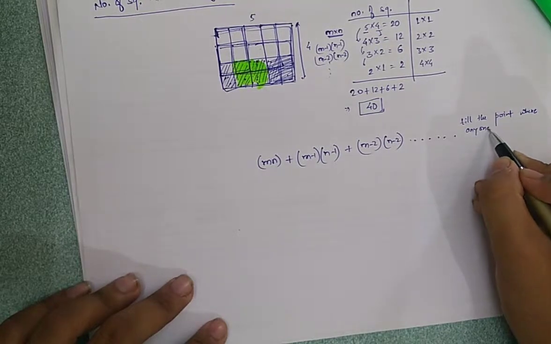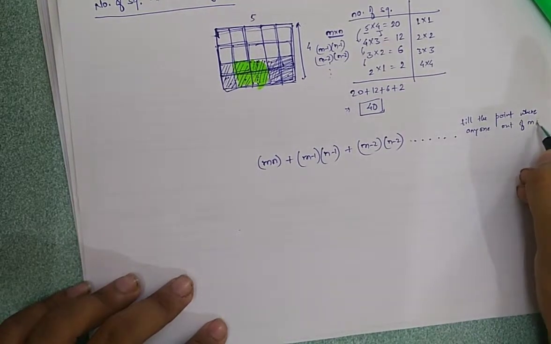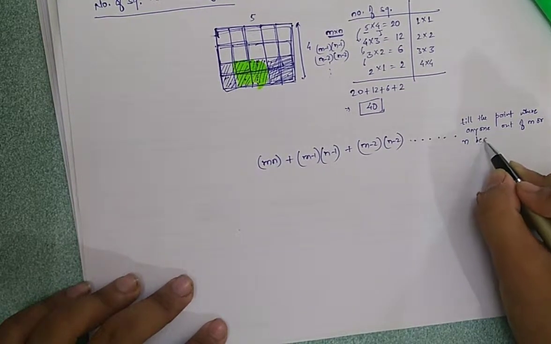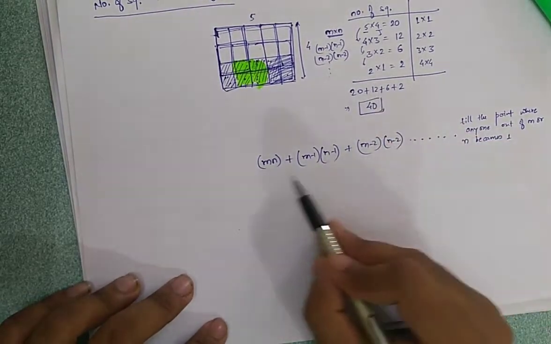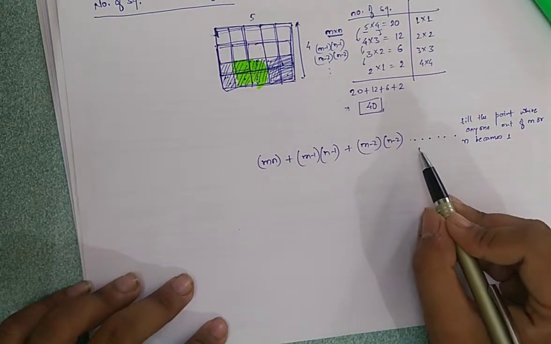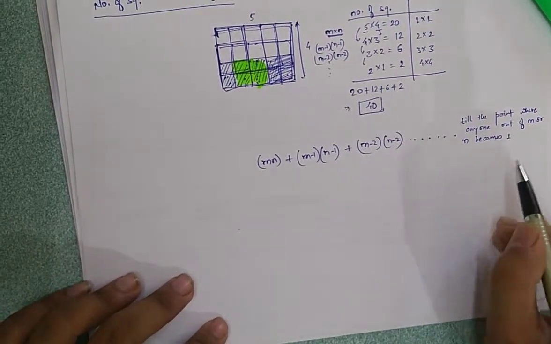where any one out of m or n becomes 1, which means we'll continue this till a point where m or n, any one of it, becomes 1.